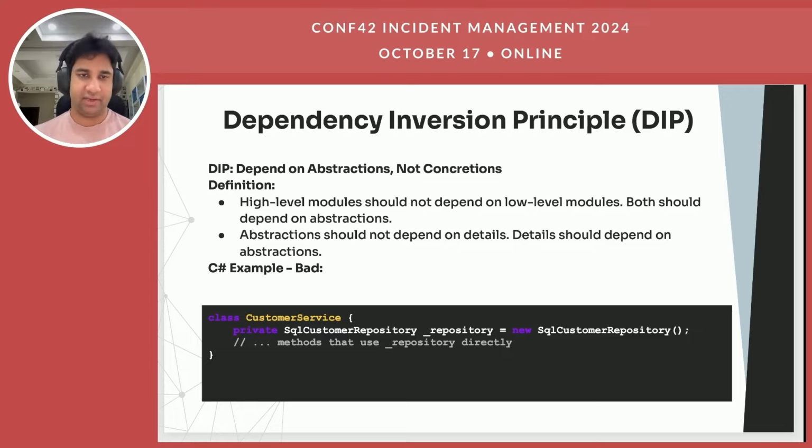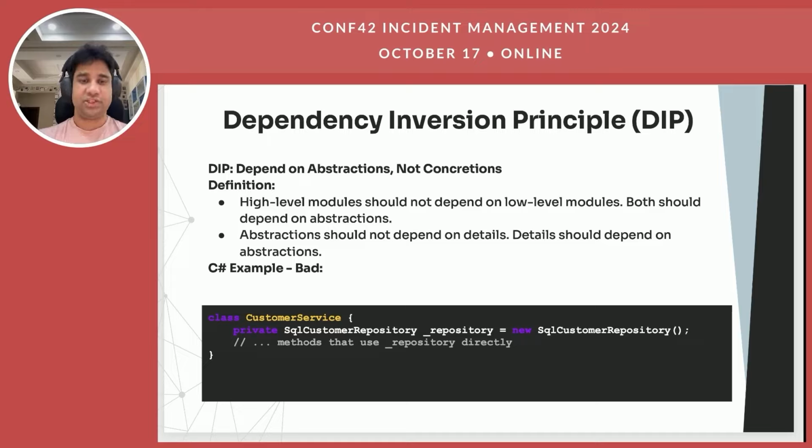And let's take an example over here. Here we have a customer service which has a usage of SQL customer repository. Now, today we are using customer service, which depends on a SQL database, let's say Oracle, Postgres, or any of those standard SQL ones. But tomorrow your database grows super big, your rate of scale goes crazy high, and you decide SQL is not serving my use case, and you want to go into NoSQL databases like DynamoDB, Mongo, Cassandra, or any of those many options available.